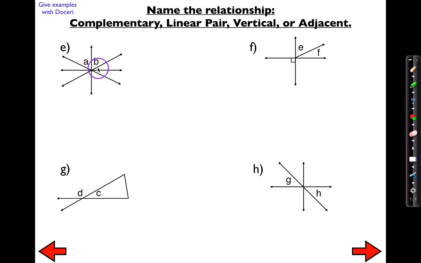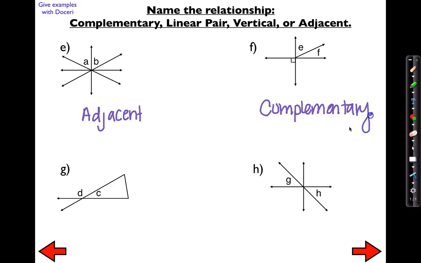Hopefully for E, you recognize that these are adjacent. That's all they are. They're not complementary. They're not a linear pair because they're not 180 degrees, and they're definitely not vertical angles. For F, I hope you put that they are complementary as well as adjacent.